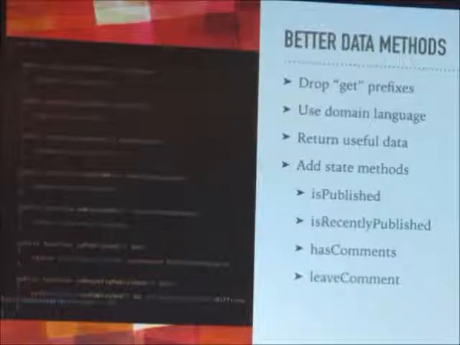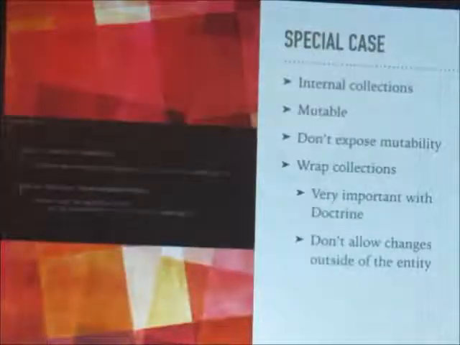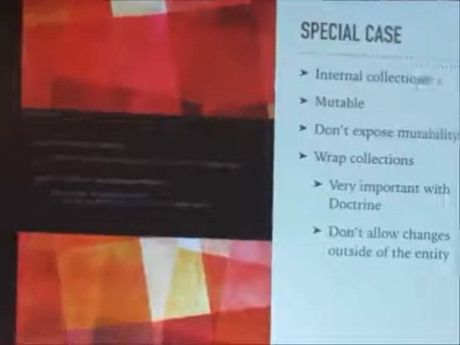With Doctrine, though, there's a little gotcha, and that's the case of dealing with collections. Because by their very nature, collections are mutable. So if you directly return it, any external code can modify that collection at any point, in any way.